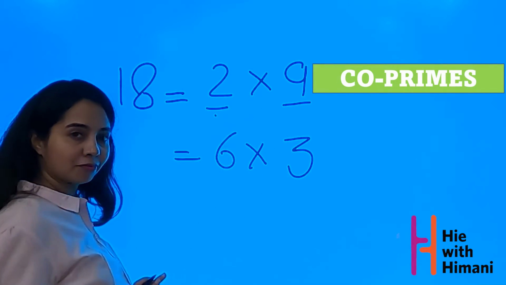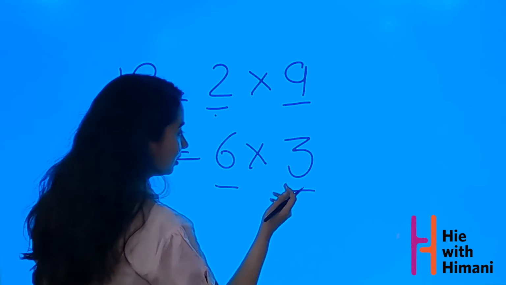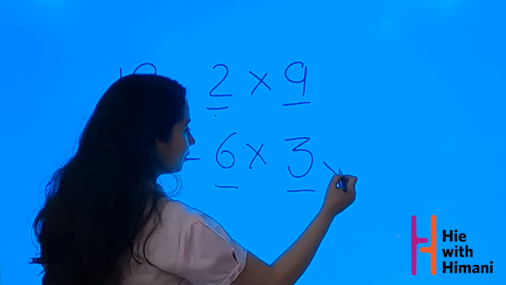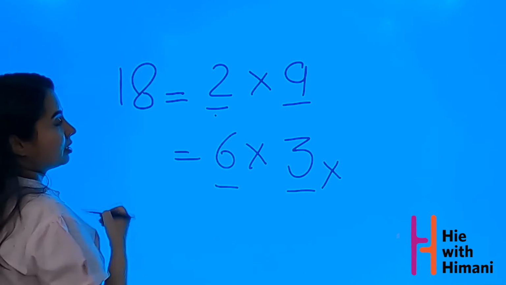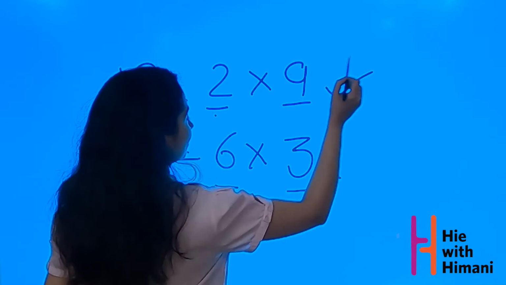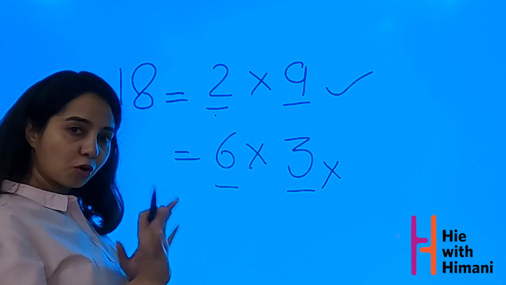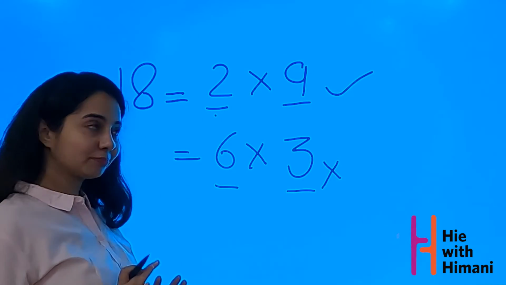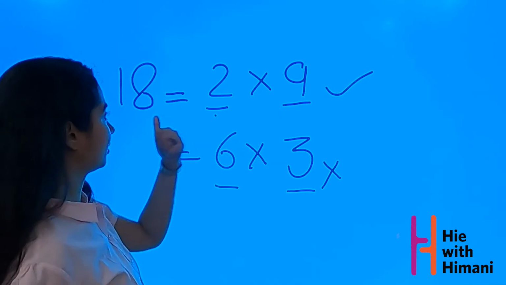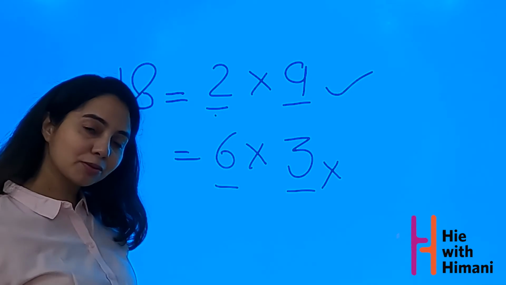They don't have any factor in common between them. Whereas 6 and 3, the common factor between them is 3 itself. So this will not work for the divisibility of 18. But this will work because 2 and 9 are co-primes of each other. So if the number is divisible by 2 and also by 9, we can say that yes, the number is divisible by 18 also.